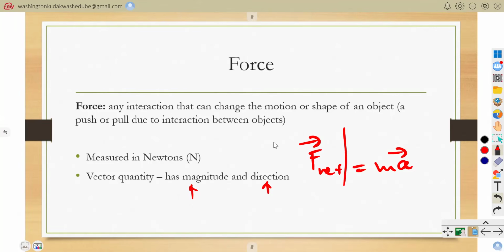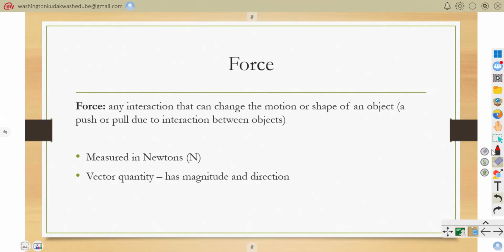And then the magnitude, which is the size of the acceleration, will be directly proportional to the size of the net force. Meaning to say that both acceleration and net force are vector quantities. Therefore, you need to determine both their magnitude and direction.